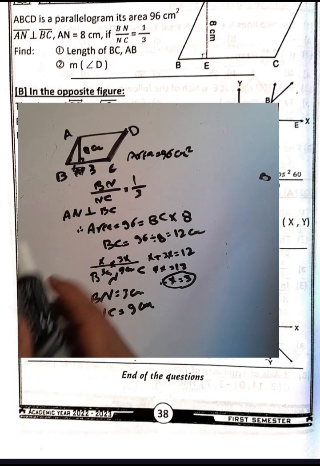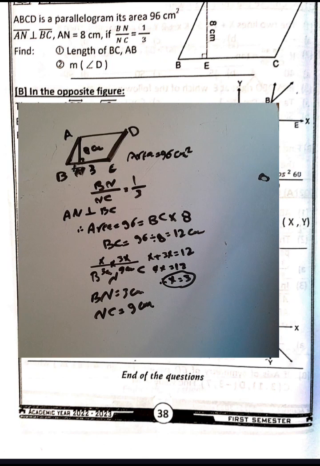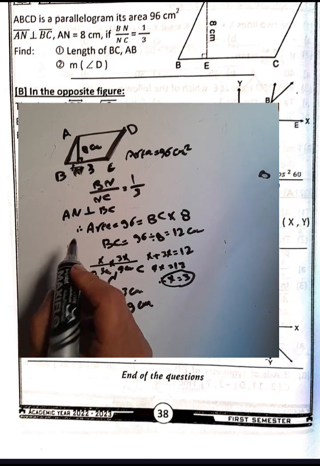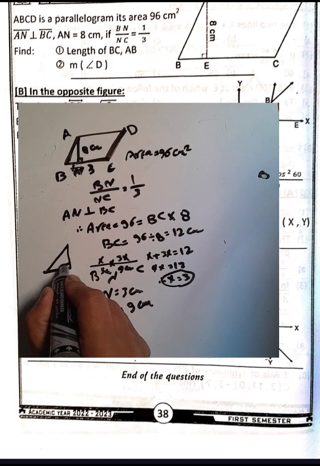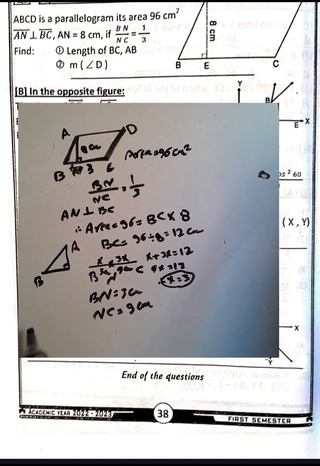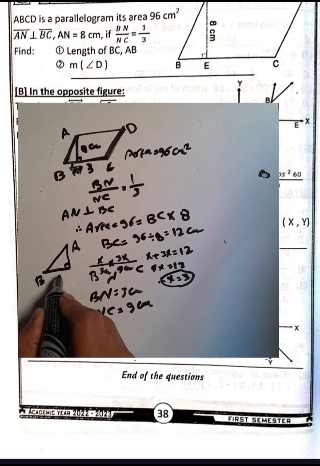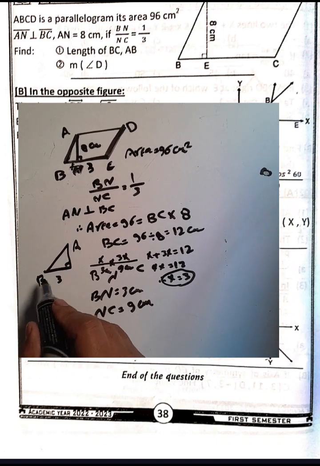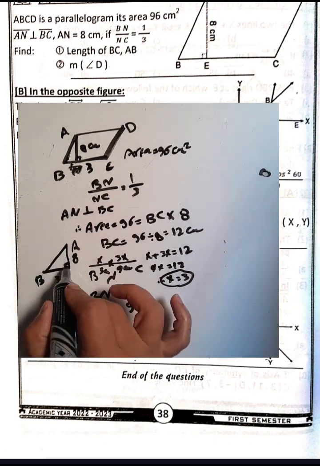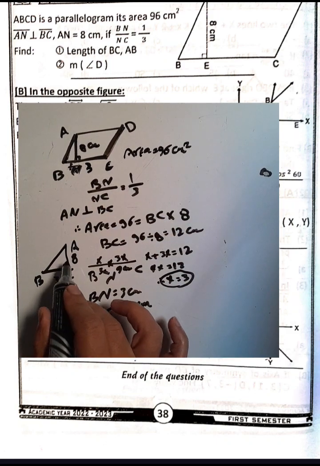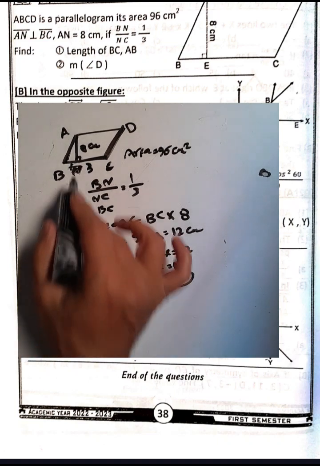Then you want to find the length of AB. AB here is in a right angle triangle, so we can find the length of AB from Pythagoras. We have here this base 3 centimeters, and this perpendicular AN was 8 centimeters.